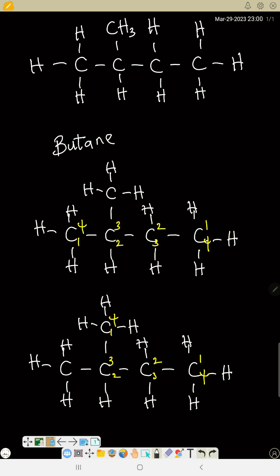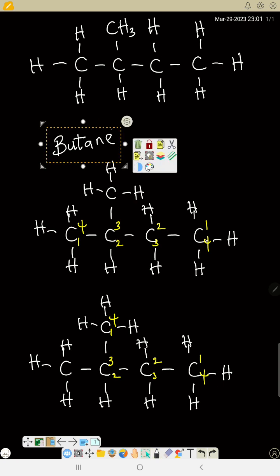Now I will not stop because there is an attachment there. What is now the position of this attachment? So the position, we pick the closest position to the attachment. So you see, if we number this way 1 2, the attachment is on 2 carbon. But if we number backward 1 2 3, the attachment is on 3 carbon. So we pick the closest number, so it's on 2 carbon.